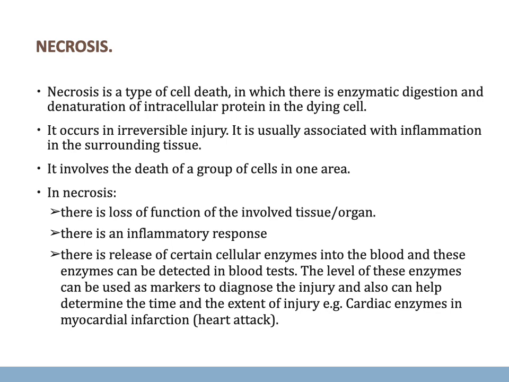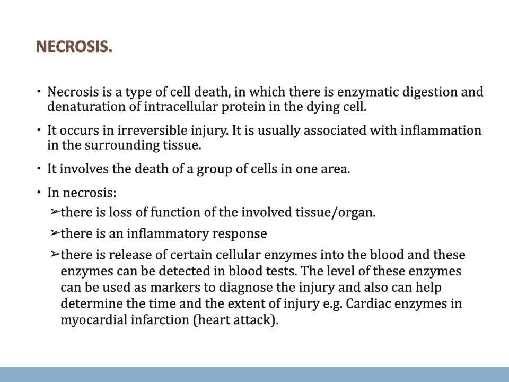Because of the leakage of substances out of the cell into the surrounding environment, necrosis is usually dirty, in the sense that there is associated inflammation. The leakage of substances outside the cell will incite WBCs to go into the area in a process known as chemotaxis.